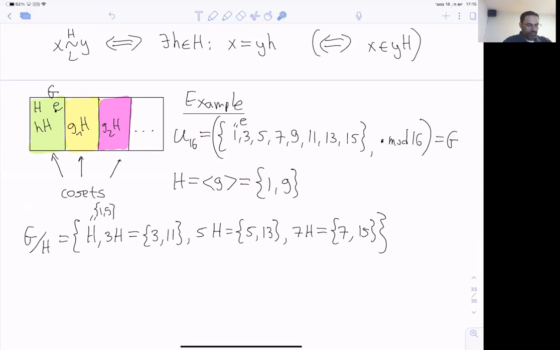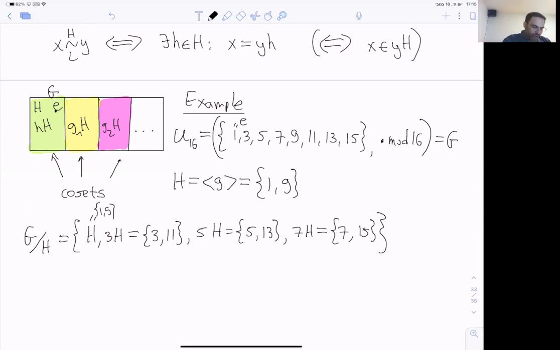So if I multiply by the left, I write it G modulo H. This means that these are the residues modulo H. So these 2 elements are the same modulo H.